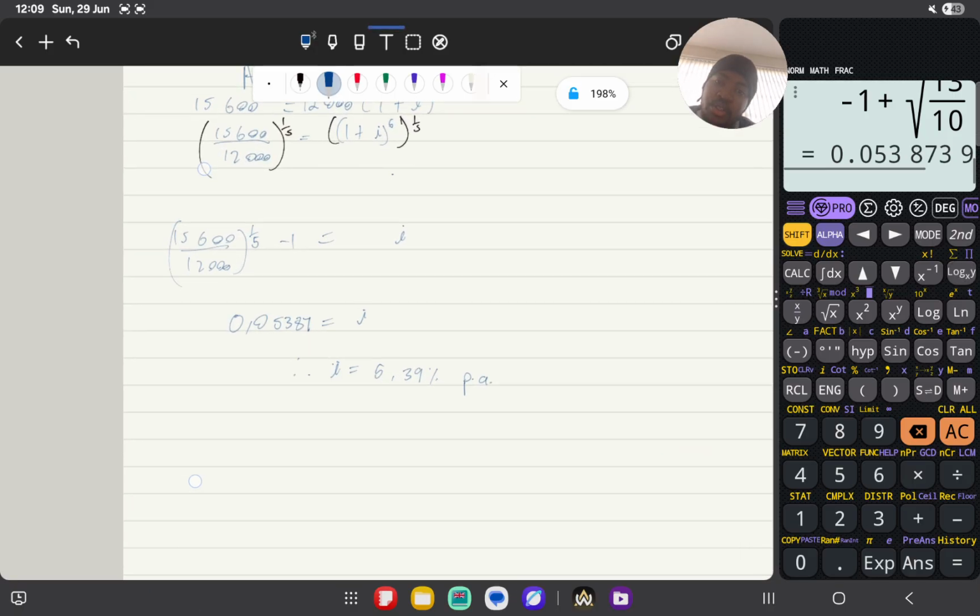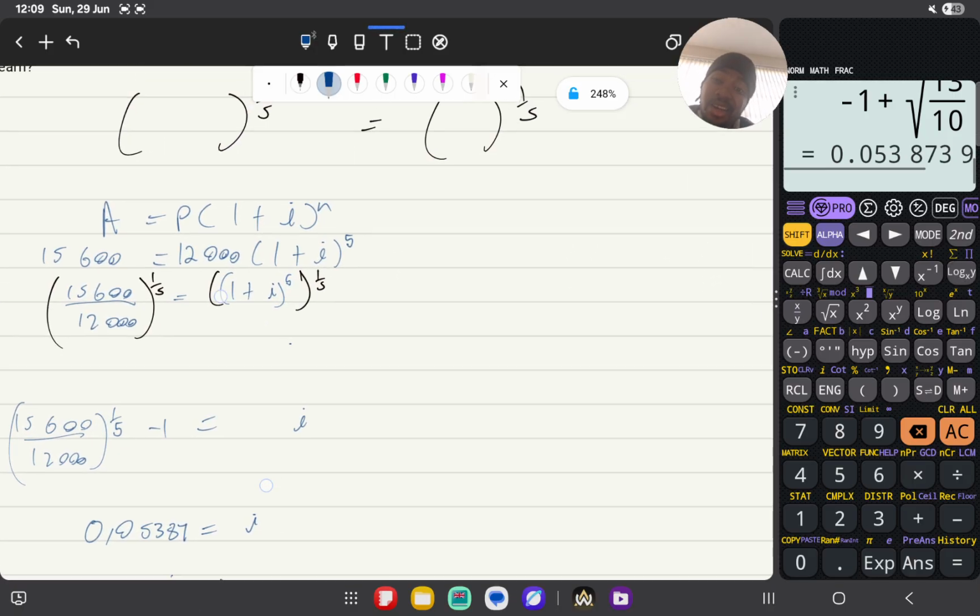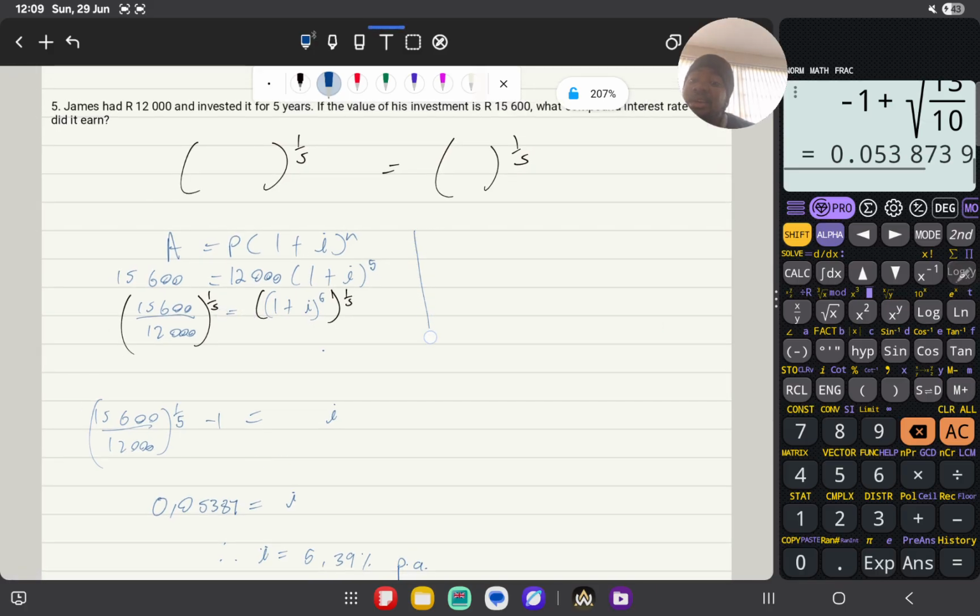Look, I want to show you guys something which is highly unnecessary. I'm not advising guys to actually memorize this. You say A divided by P equals 1 plus I over N, right?